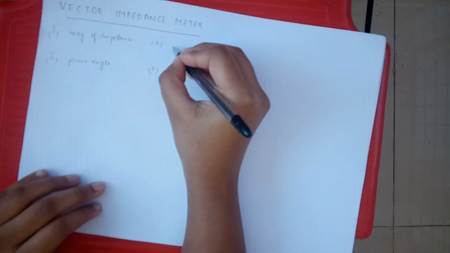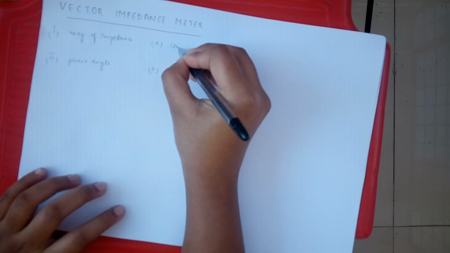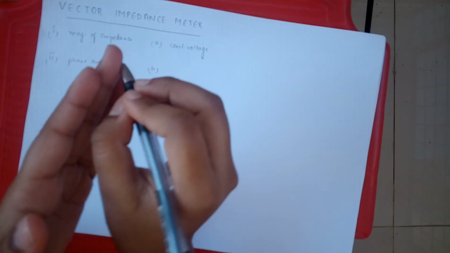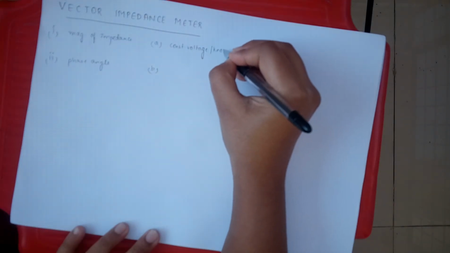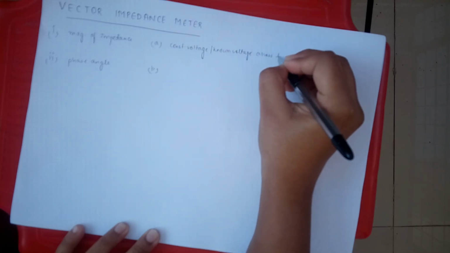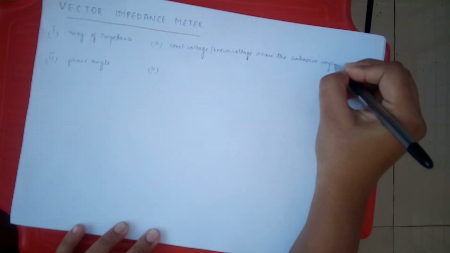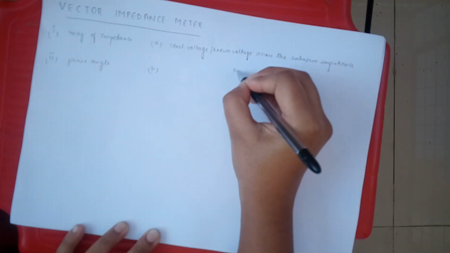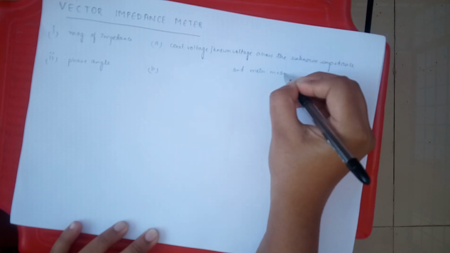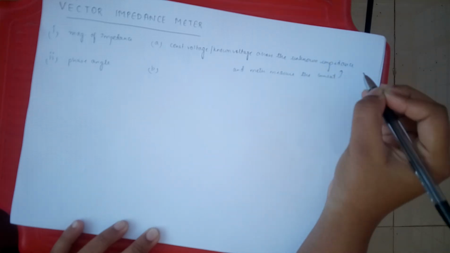One way is you use a constant voltage, or maintain a constant known voltage across the unknown impedance, and make the meter measure the current through the unknown impedance.